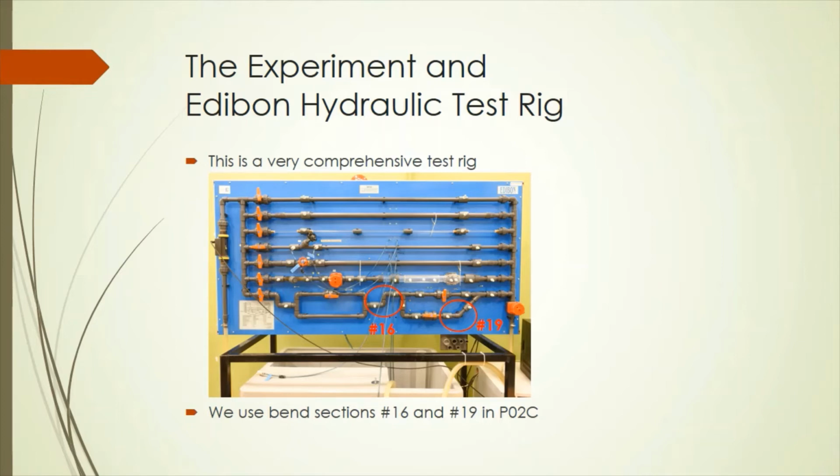The first one is bend number 16, and the other one is bend number 19. Bend number 16 is a right angle bend, and bend number 19 is a 40-degree angle bend.